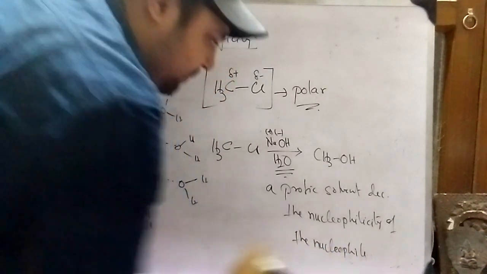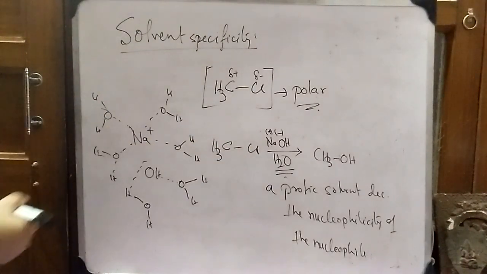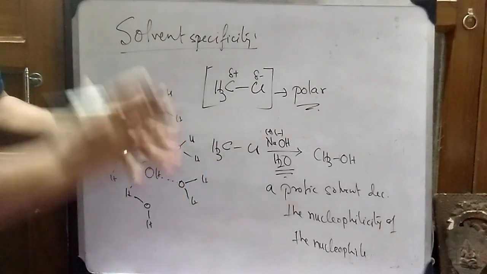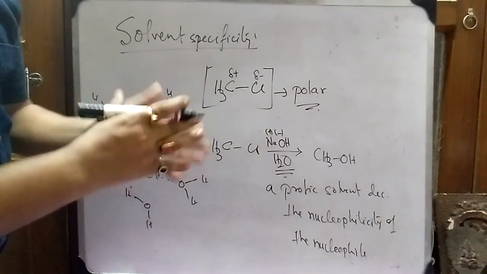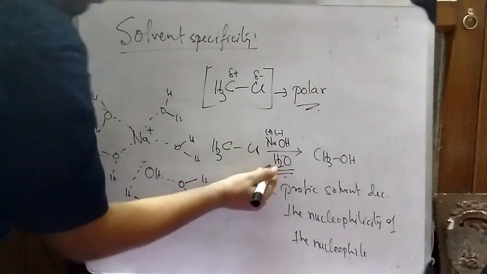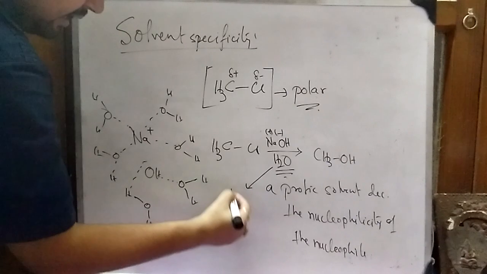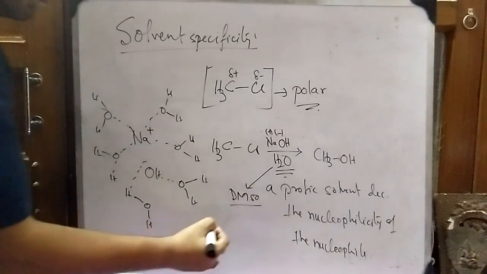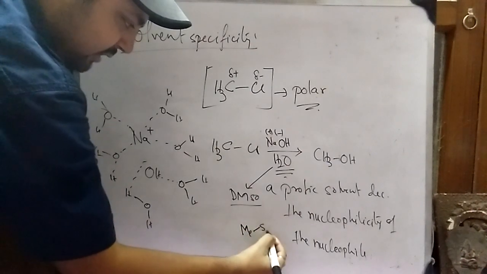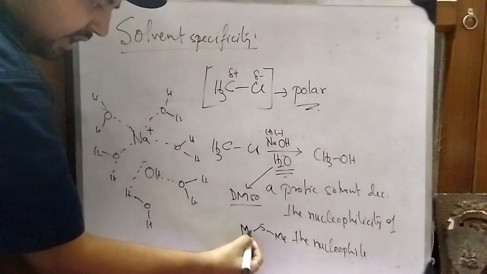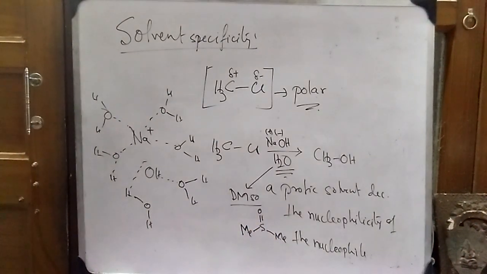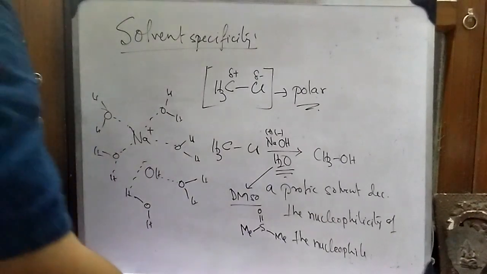But in place of water, if we use an aprotic solvent, which is polar but aprotic, which does not have a hydrogen to give a hydrogen bond, suppose in place of water I am using DMSO. What is DMSO? DMSO is dimethyl sulfoxide, Me-S-Me. This is dimethyl sulfide, and here if I give an O, it will become dimethyl sulfoxide.